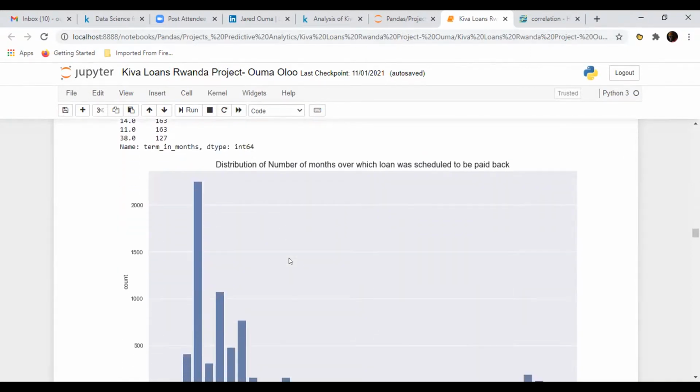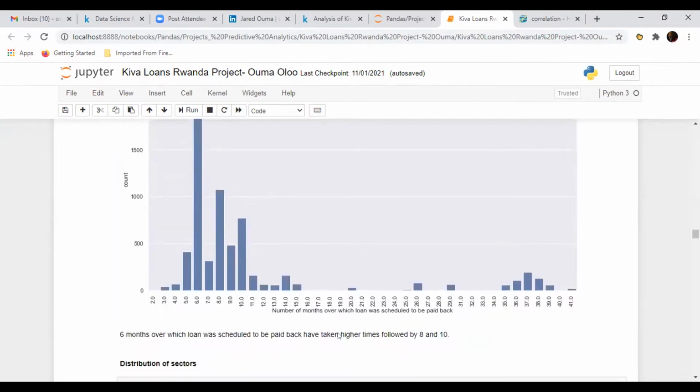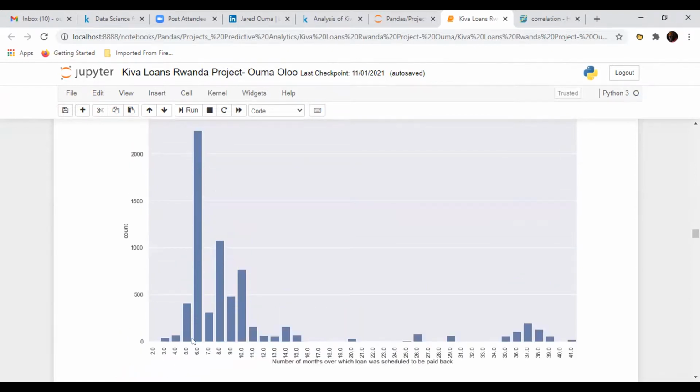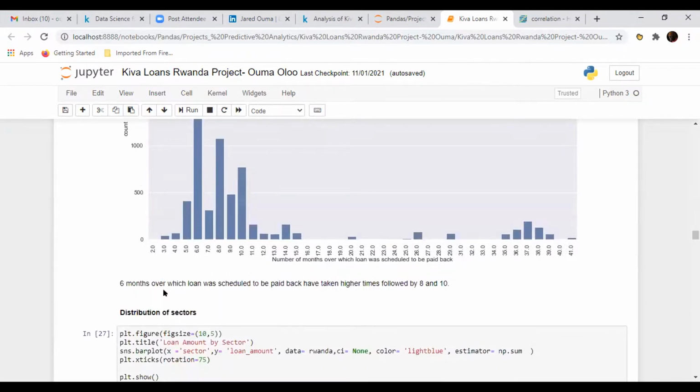Then I did the distribution of number of months of which loan was scheduled to be paid back. And this is clearly what you can see. These are number of months, and again this is the count. So you can clearly see on this chart that 6 months over which loans were scheduled to be paid back took the highest times, followed by 8 months and 10 months in that order.